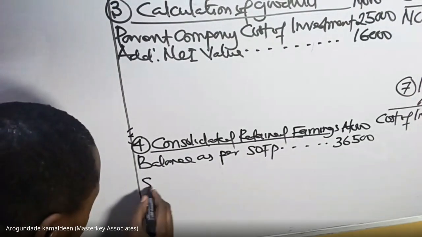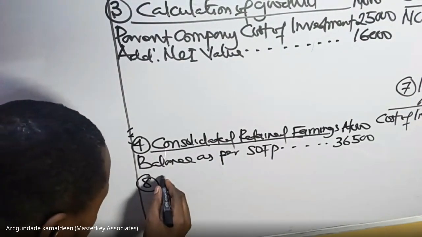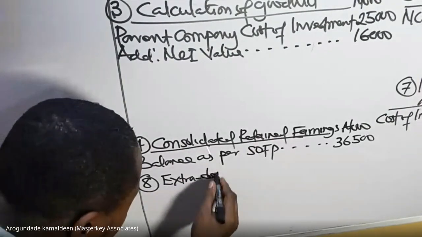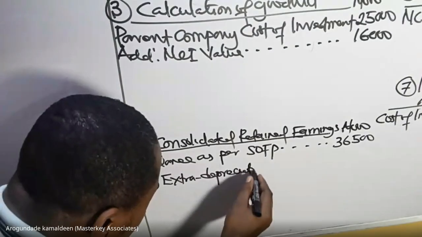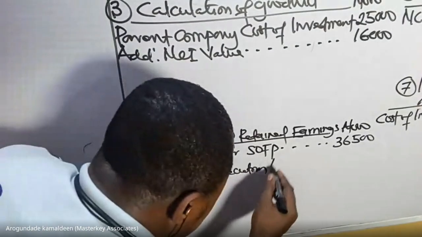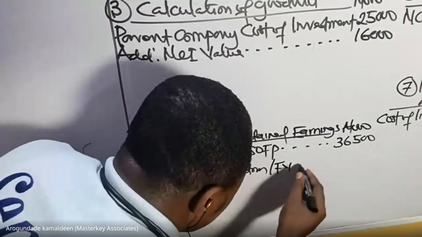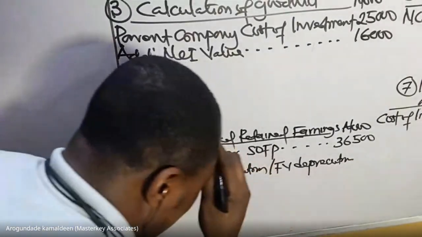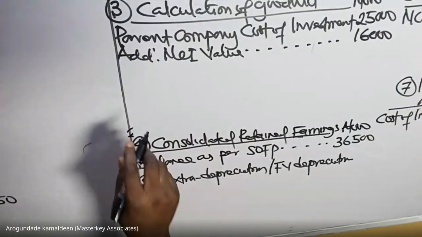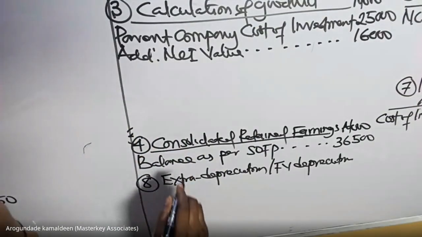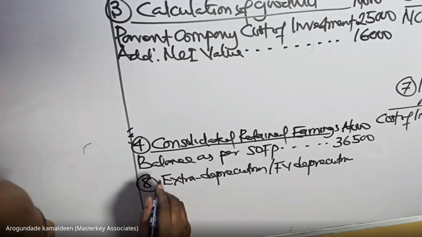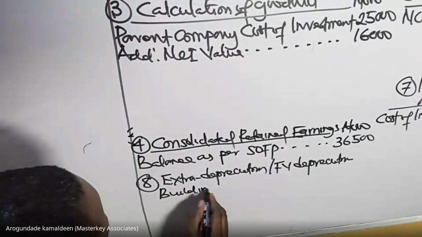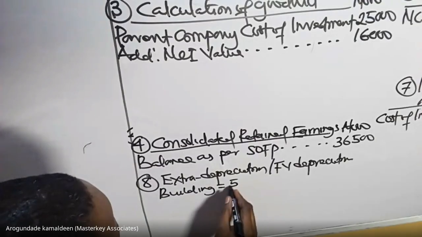Extra depreciation, or fair value depreciation, whatever. The total fair value gain is 10 million, and we need only the building, which is 50%.